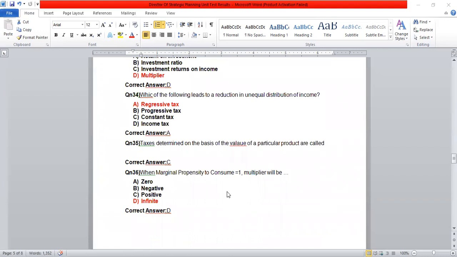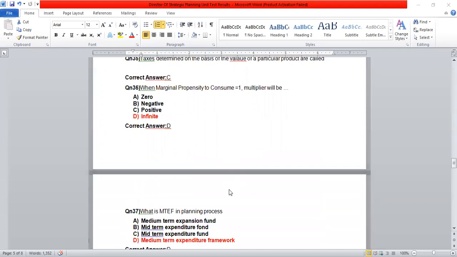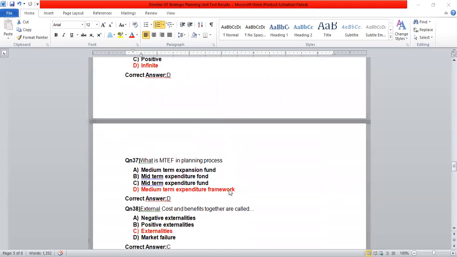Question 36. When the marginal propensity to consume is equal to 1, the multiplier will be infinite. Question 37. What is MTEF in the planning process? It is a medium-term expenditure framework.